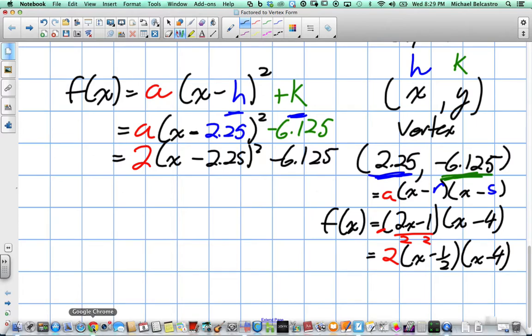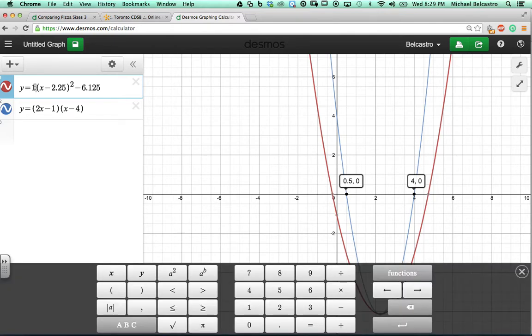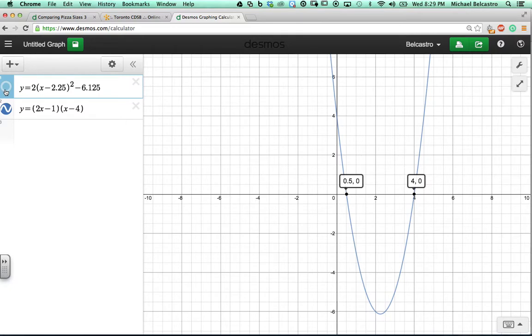Okay. So let's take a look. I've plugged them into a graphing calculator, and they end up overlapping each other perfectly, right? They both have the same x-intercepts at 0.5 and 4. And here's our vertex form. Our vertex having a y value of negative 6.125 and an x value of positive 2.25.